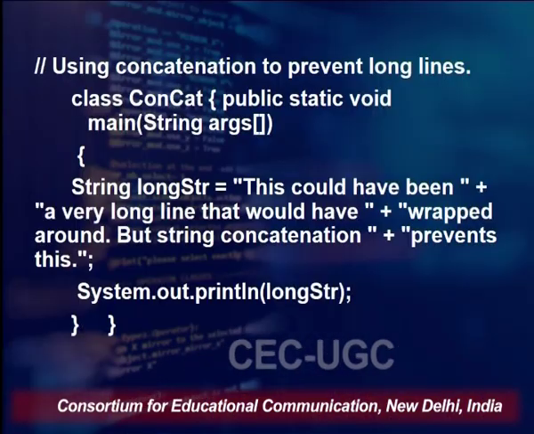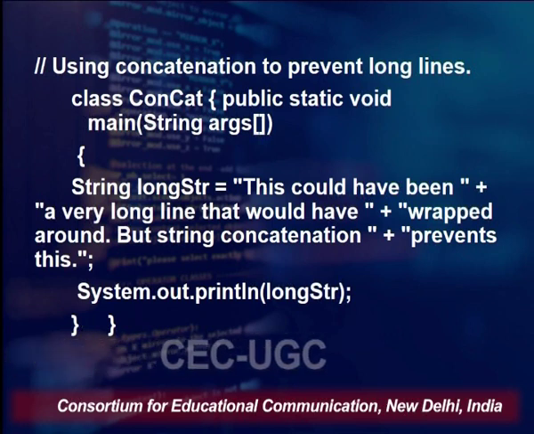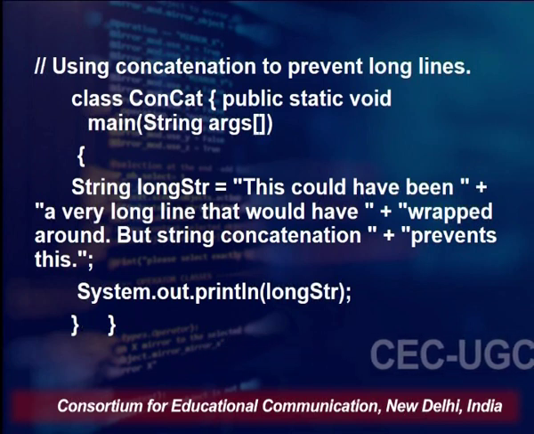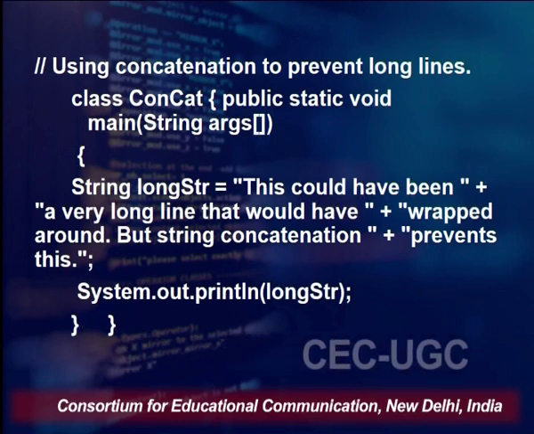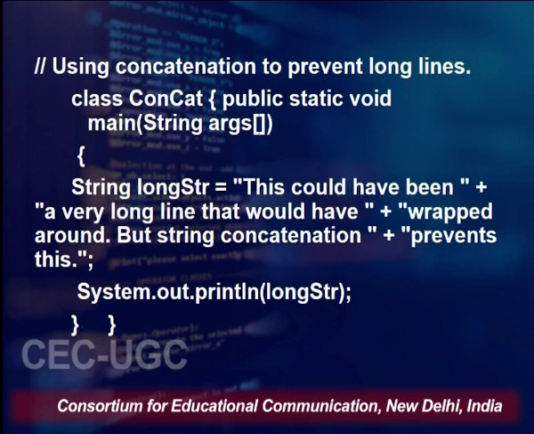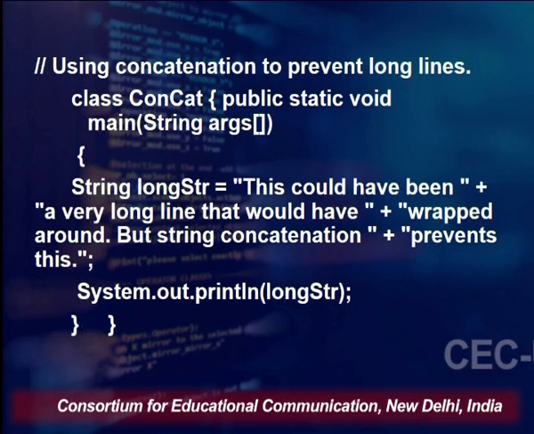Here is a very small code snippet within the main method. We have a string s1, or whatever name you want. This could have been a very long line that would have wrapped around, but string concatenation prevents this, and we can print this long string, giving us the whole line at a time.